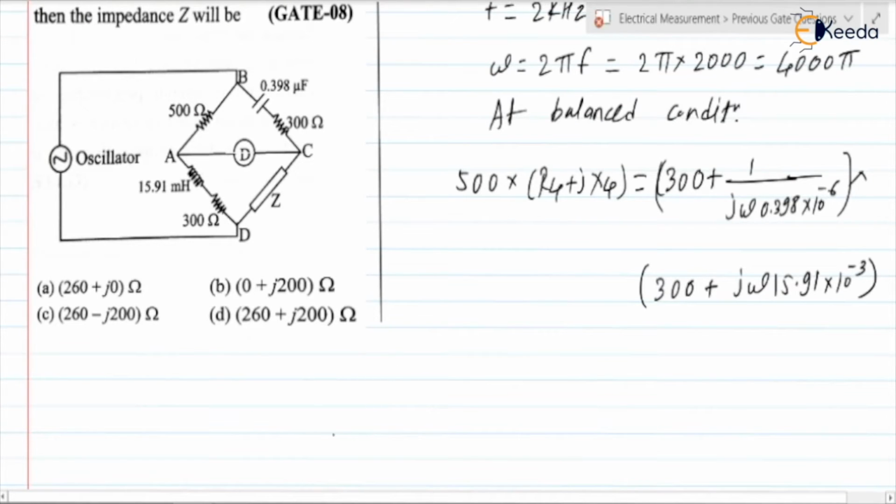Okay, so we can write it as, can we take the cross multiplication? Yes, we can take the cross multiplication.